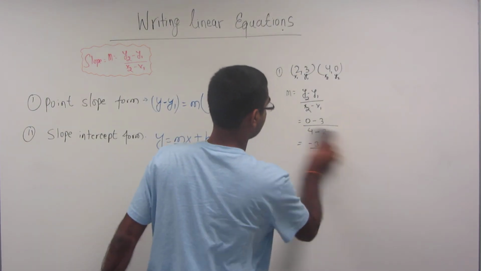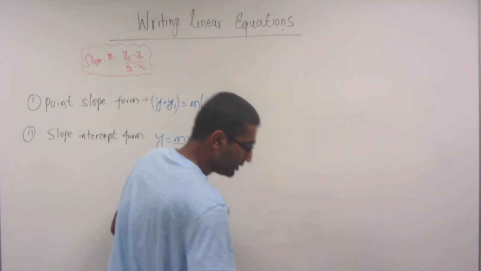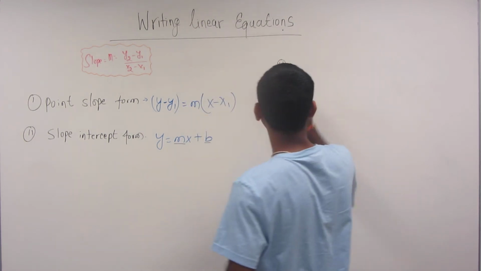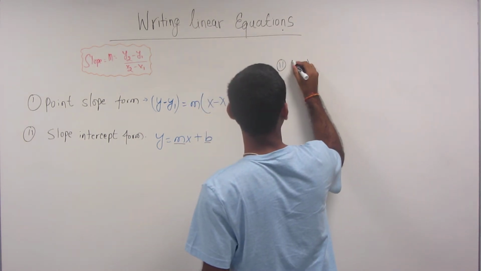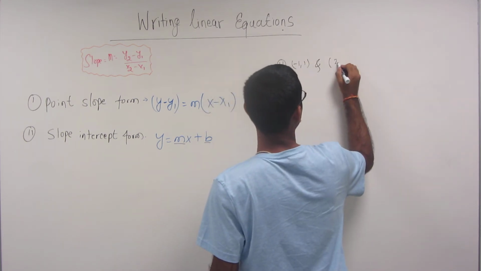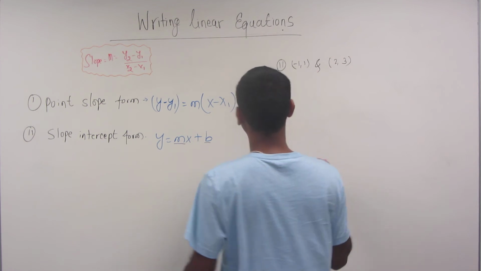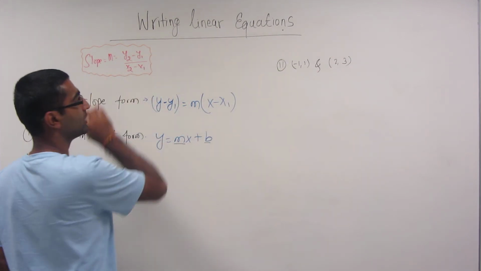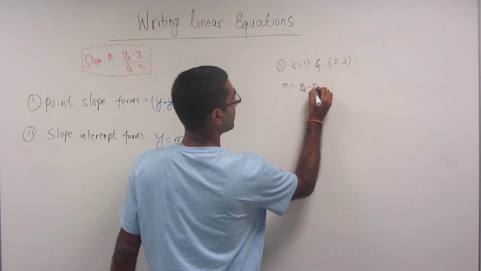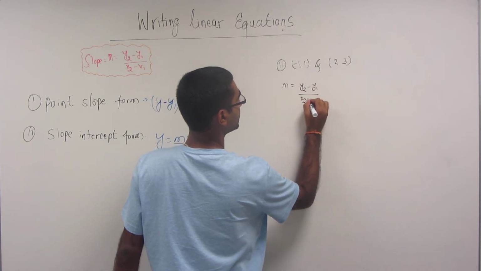Now let's look at another example here. The one we're going to do is (-1, 1) and (2, 3). Okay, now first of all, we should find the slope. y2 minus y1 over x2 minus x1.